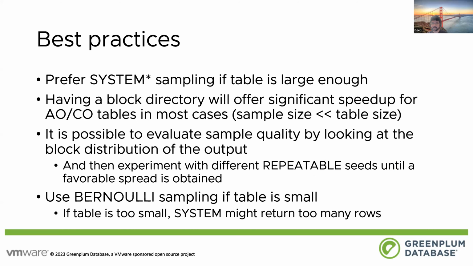So let's talk about best practices. You want to prefer system sampling or block sampling if the table is large enough. That would give you the best speed up. If you have a block directory, it will definitely offer you significant speed up for AOCO tables, as we've seen, especially if the sample size is much less than the table size, and the lesser it is, the better. The Bernoulli would also benefit from a lower sample size.